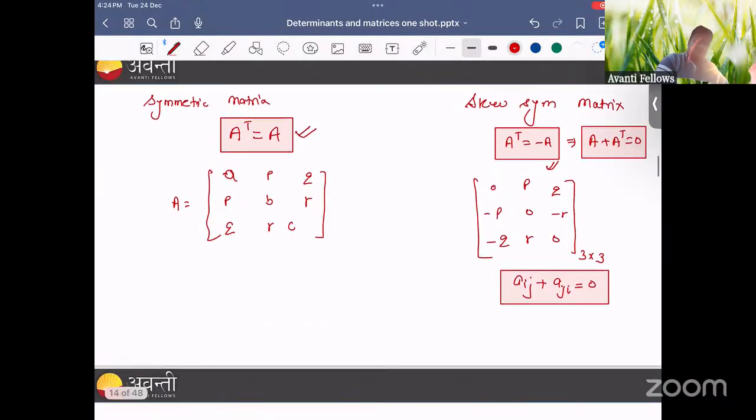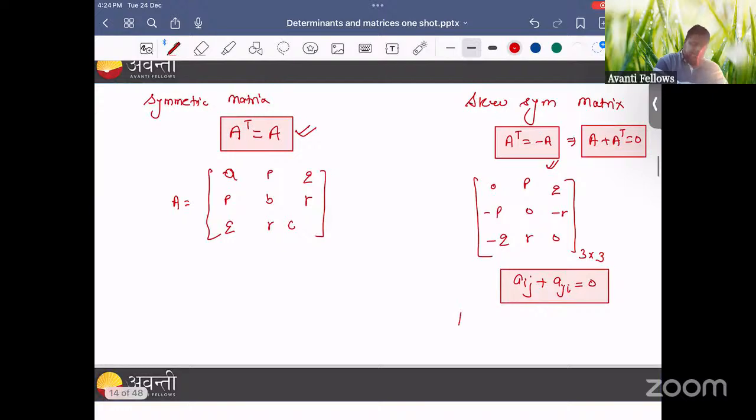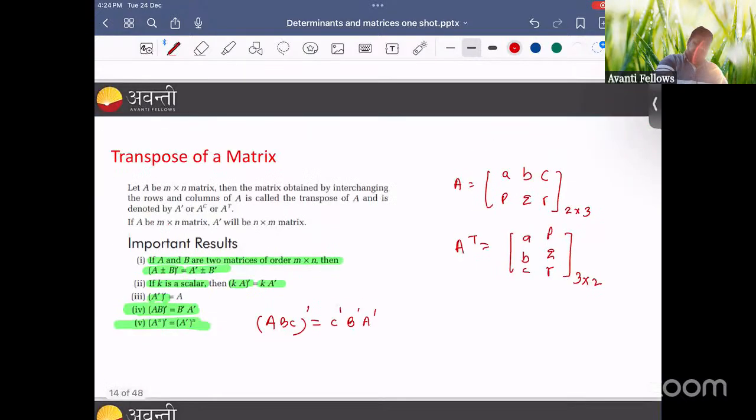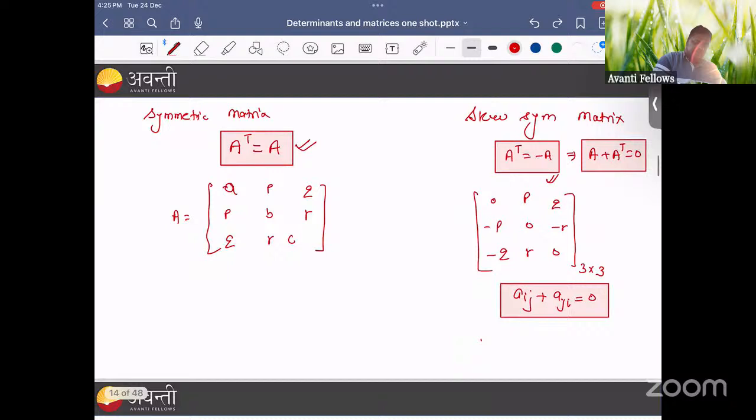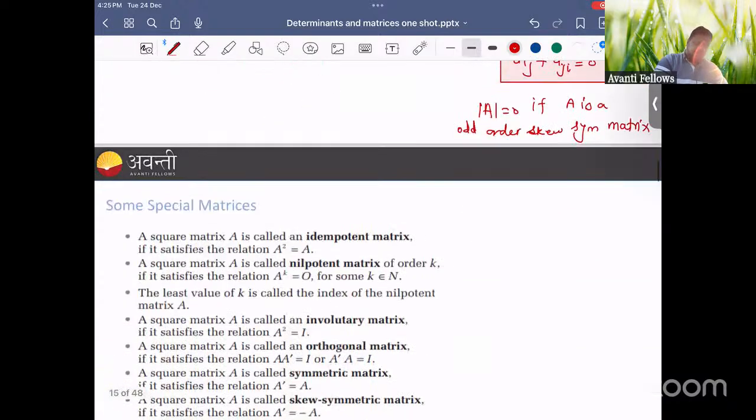Determinant of A is always 0 if A is an odd order skew symmetric matrix.